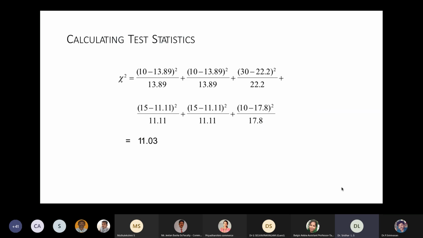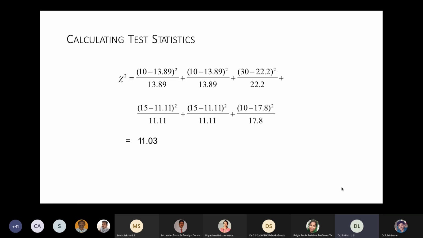We found the X square, that is the chi-square, is 11.3. We have to refer to the table values. I told you about referring to the table values. But in SPSS, you come only to the p value, the significance, two-tailed.